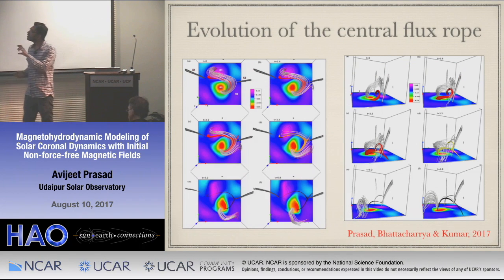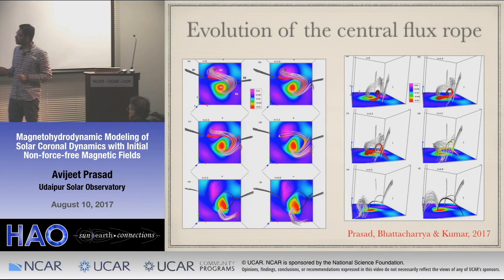So here I show the evolution of the central flux rope. What is shown here is the top and side view of snapshots of the evolution of the magnetic field at different times. Here we have this dipolar geometry, and I have drawn two sets of field lines. One is these white field lines, which are the overlying field lines, which can be seen here also.